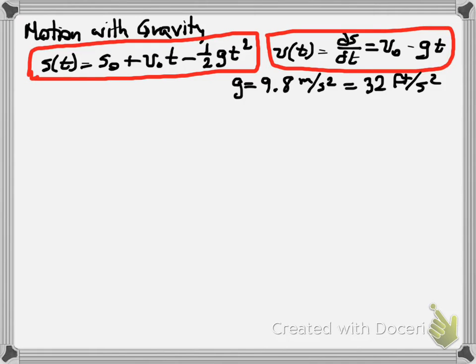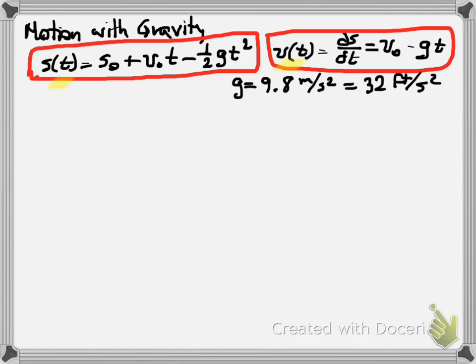If we're going to start studying motion with gravity, and if you remember Galileo's formula, the height or the position s of t, and the velocity, of an object that is tossed vertically in the air is given by these two formulas.